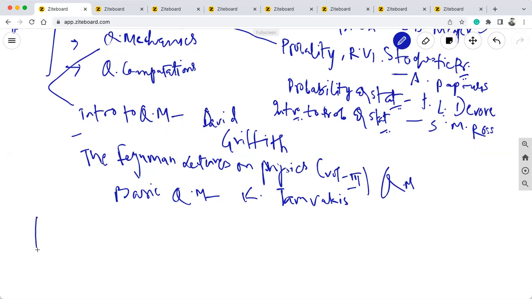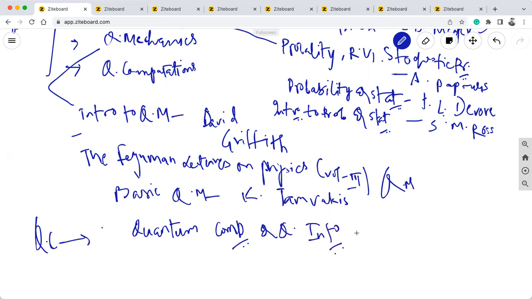For the quantum computation part, one very standard book one can see is Quantum Computation and Quantum Information by M.A. Nielsen and Professor Isaac Chuang, I.L. Chuang.